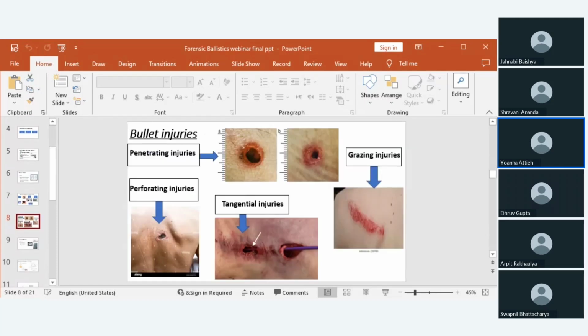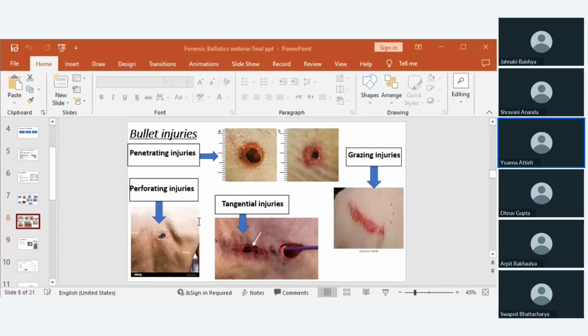the bullet injuries. And this is very important in forensic ballistics. The bullet injuries can be classified into several types based on the path the projectile takes through the body. So it's really important to take into consideration the path of the projectile.